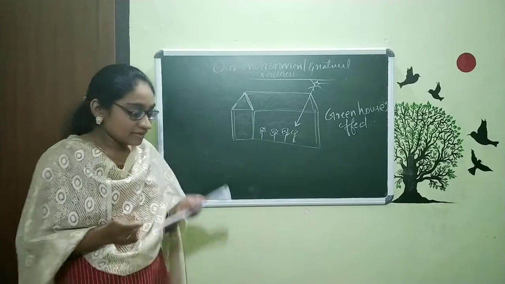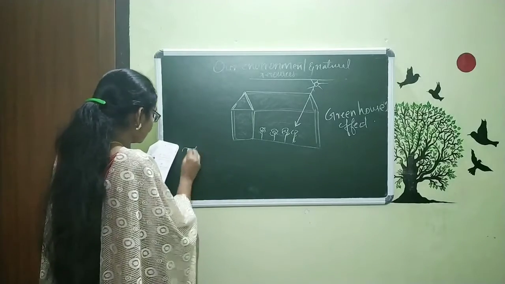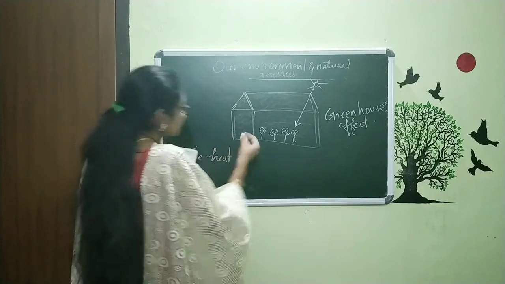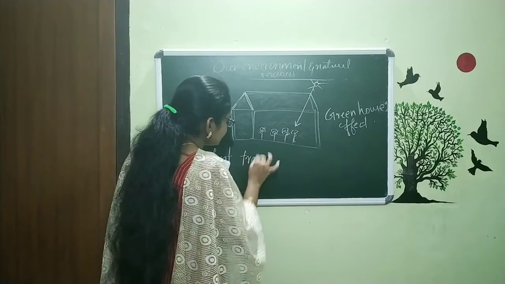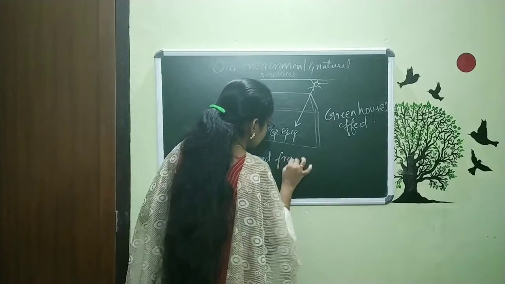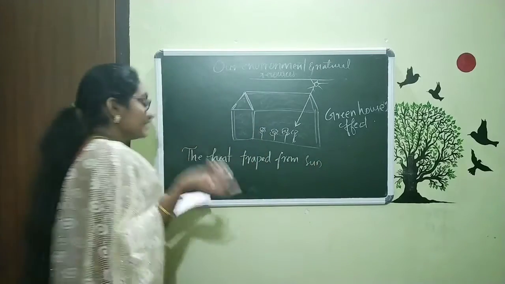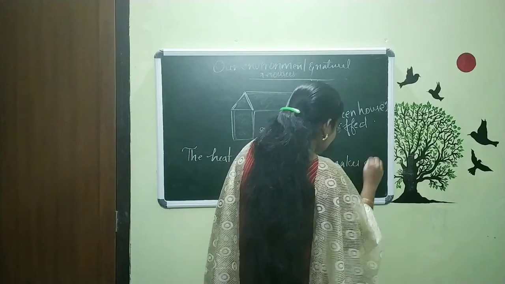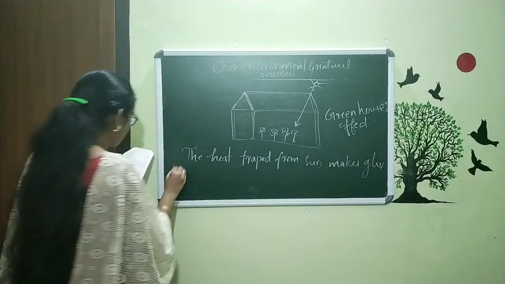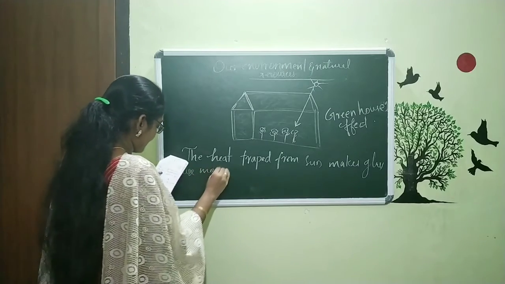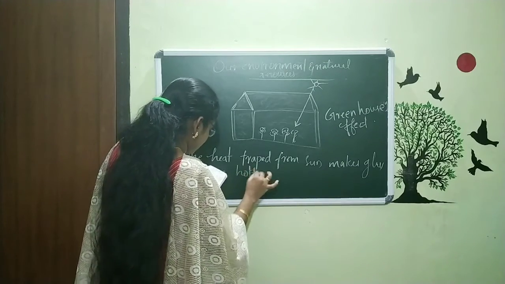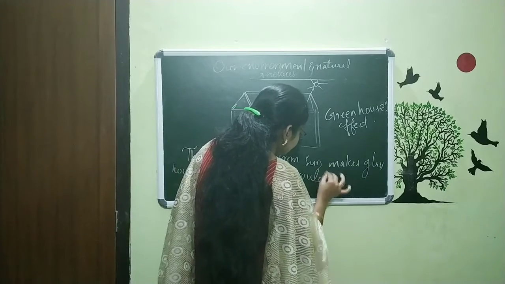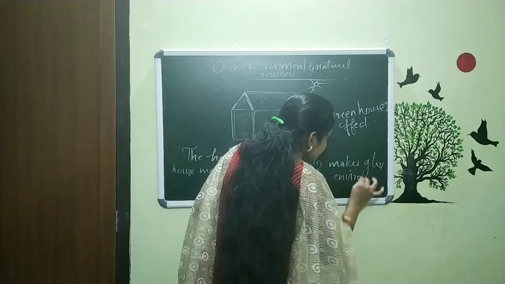So as the definition: the heat trapped from the sun makes the glass house hotter than the outer environment.